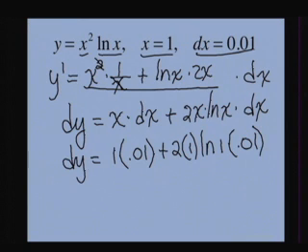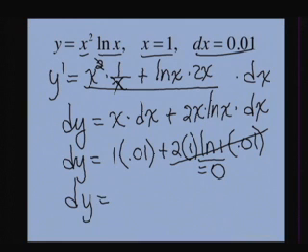And when we work all of that out, remember that the log of 1 is equal to 0, which means this entire term is 0. So dy will equal 1 times 0.01, which of course is just 100th.